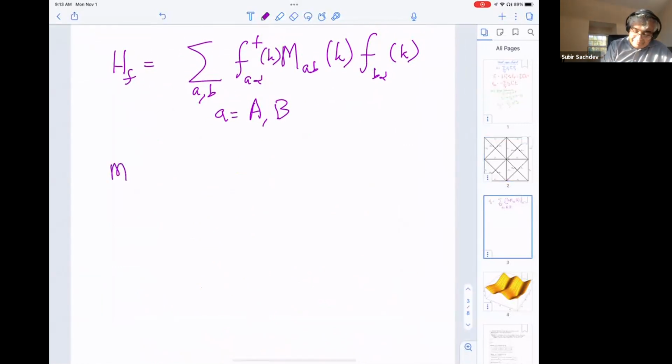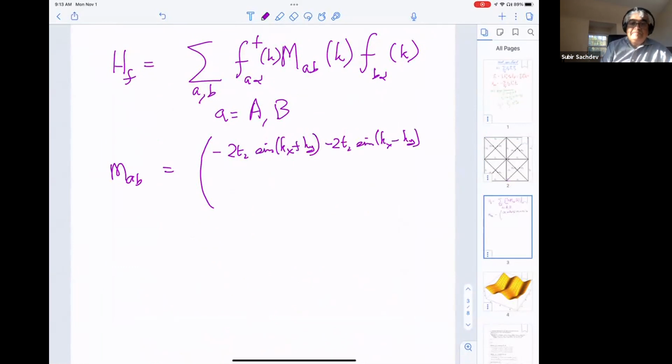It's good to have it written up. So it's minus 2T2 sine(kx plus ky), minus 2T2 sine(kx minus ky), and this is minus 2T1 cosine kx plus 2i T1 sine ky.